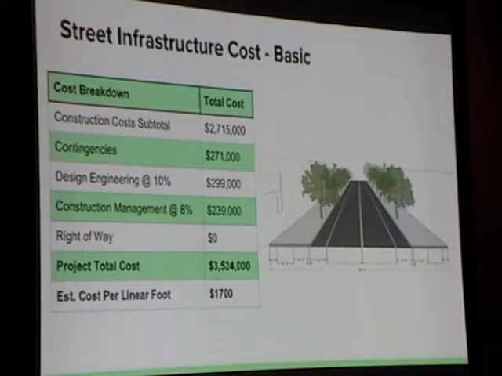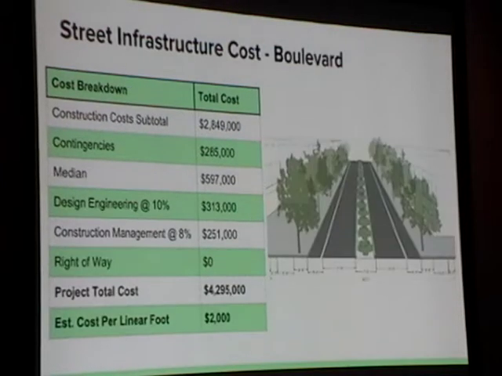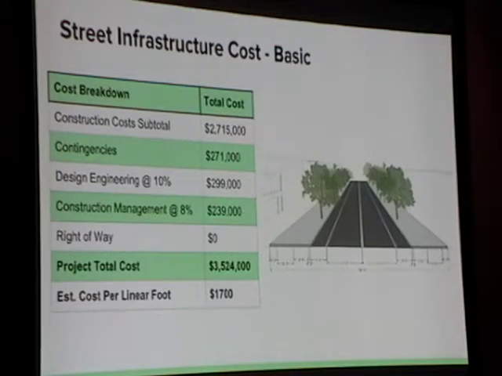For the basic, which is the cheapest option, the construction cost subtotal was $2,715,000. Contingencies was $271,000. Design engineering at 10% was $299,000. Construction management at 8% was $239,000.